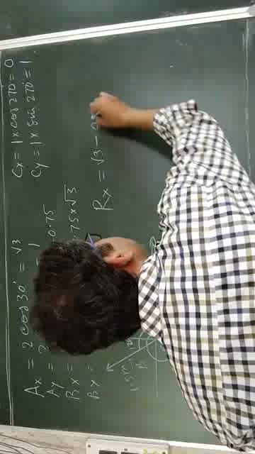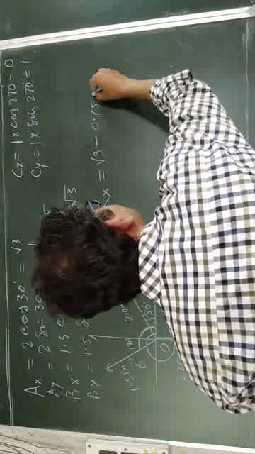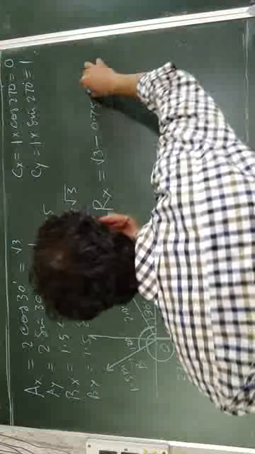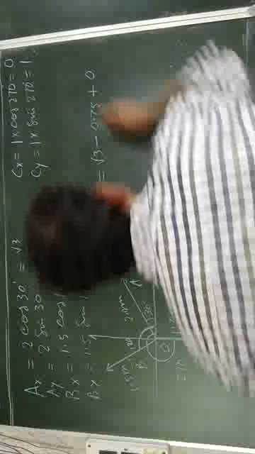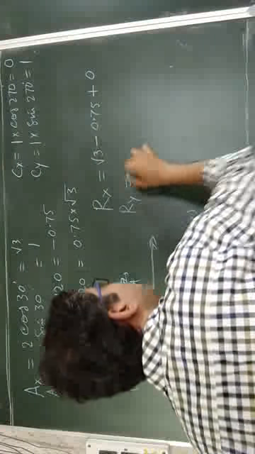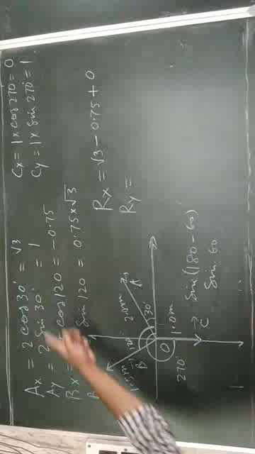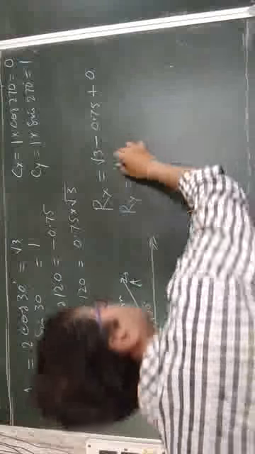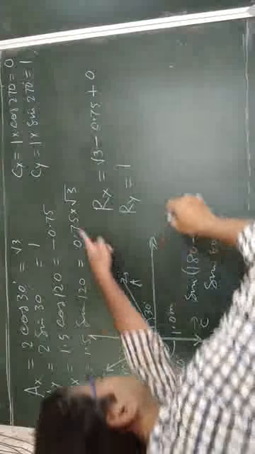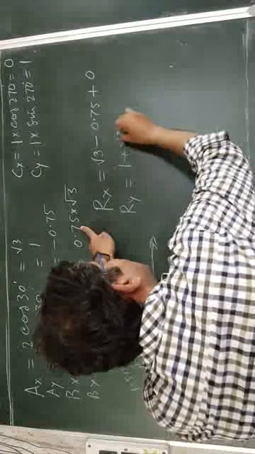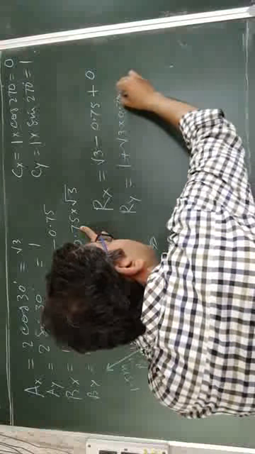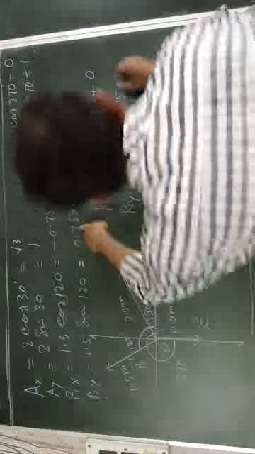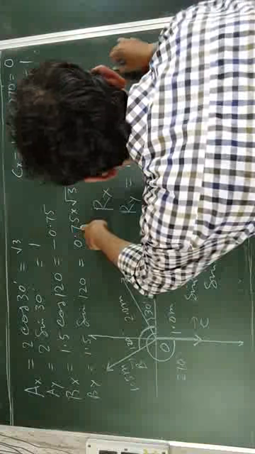plus, actually minus 0.75 plus 0, and Ry is equal to 1 plus root 3 into 0.75 plus 1.